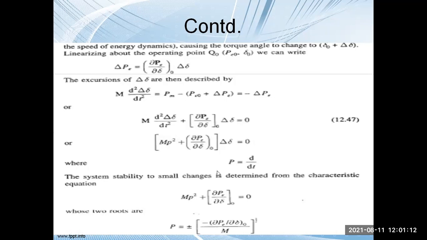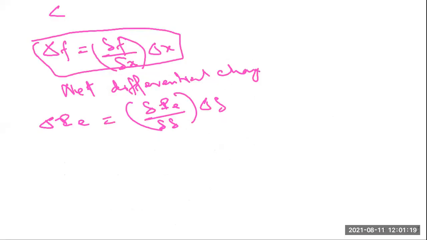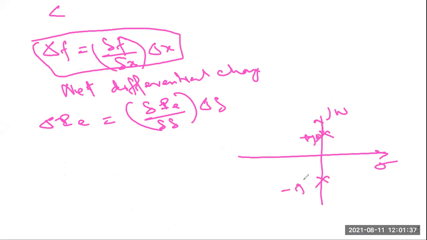If the roots are lying on the imaginary axis, this is your sigma and this is your j omega, so your roots are lying here and here, that is plus j omega and minus j omega.